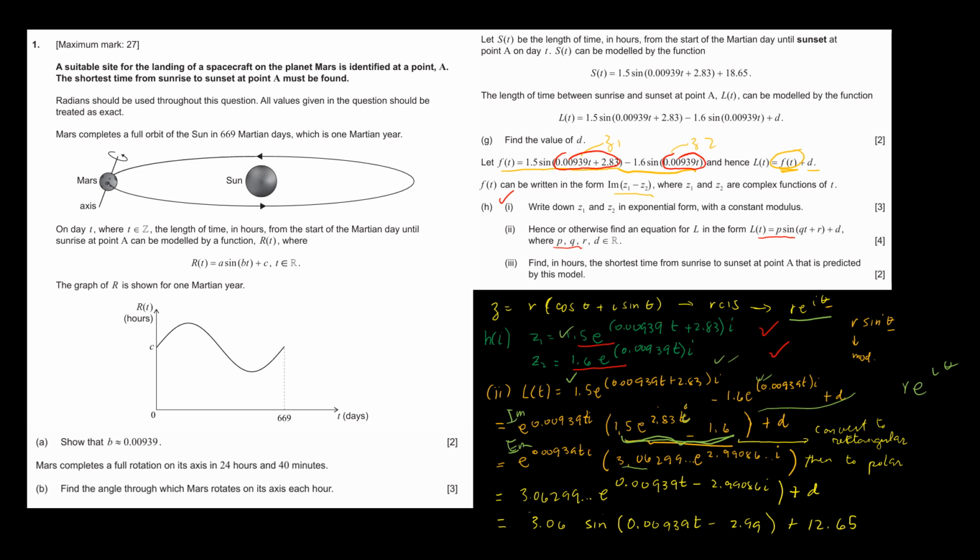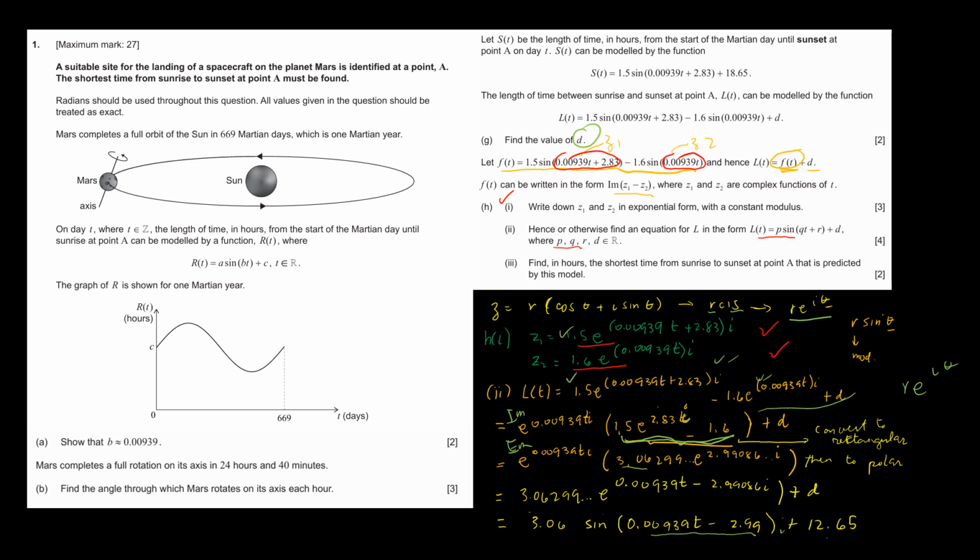Now, since you're looking only for the sine part, in the r cis, you're getting only the r and the i sine theta. So 3.06 sine, this is your theta, plus 12.65. This was the one we solved in letter G. Okay, so have we written it?